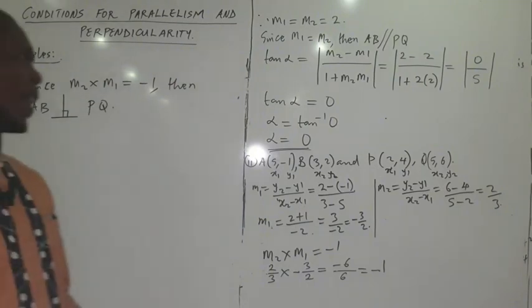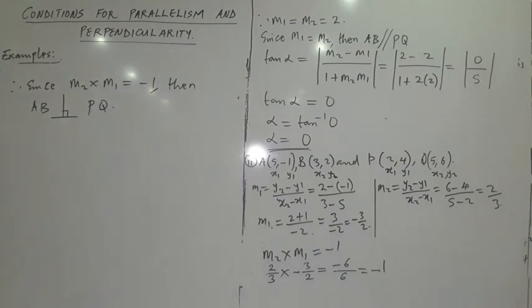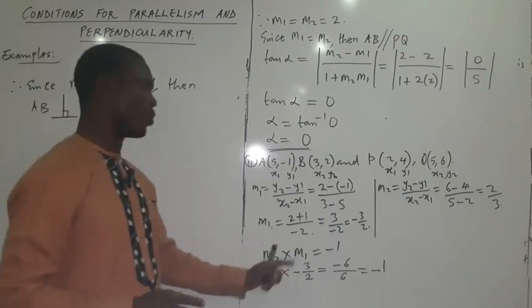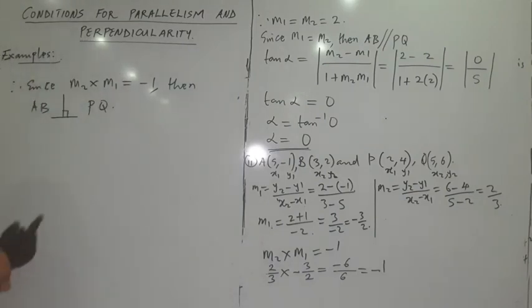So that is the first part of the second question. Then the second part is to look for the angle between the two lines. So what is the angle between two lines formula?